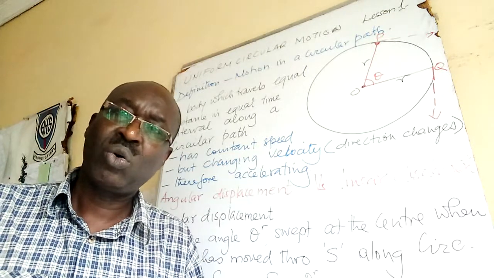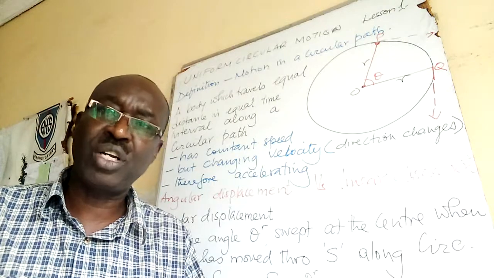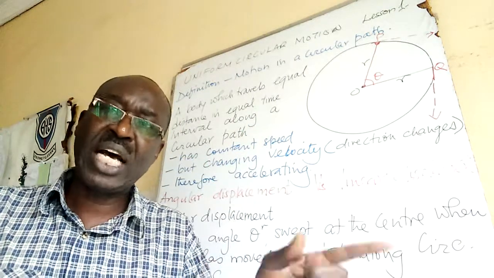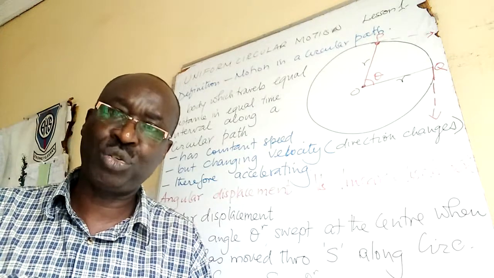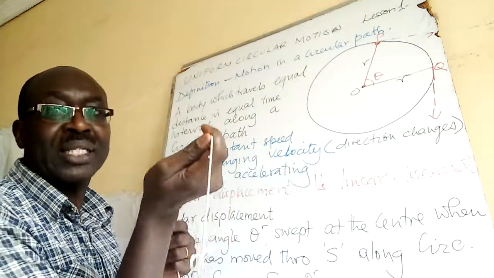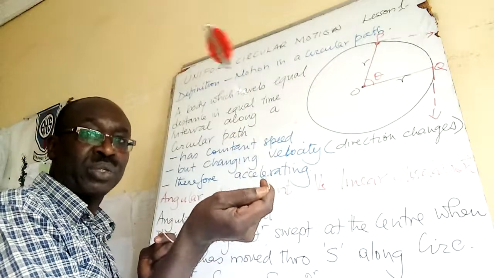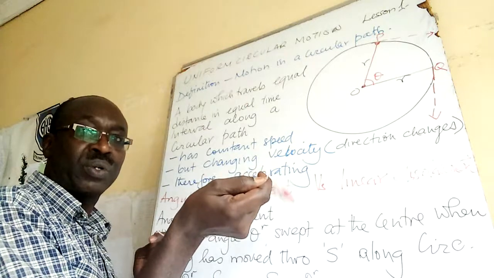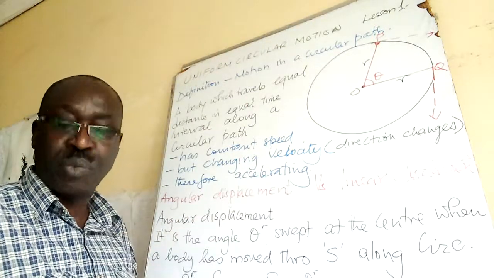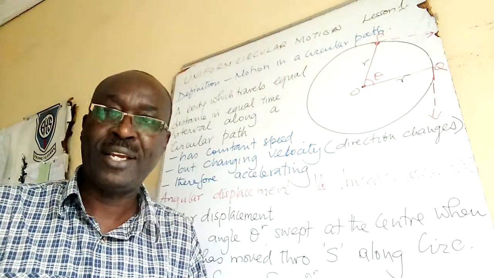Now, when I say in an arc, when you are driving, sometimes you negotiate a corner, so you don't see a circle, but that is part of circular motion. Okay, when you whirl something vertically, that is still circular motion. So these kind of motions are the ones we are going to study.